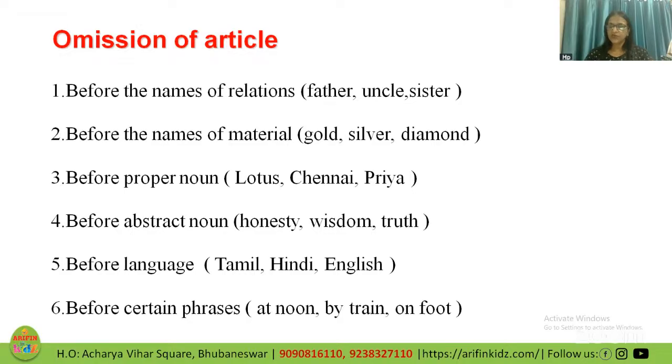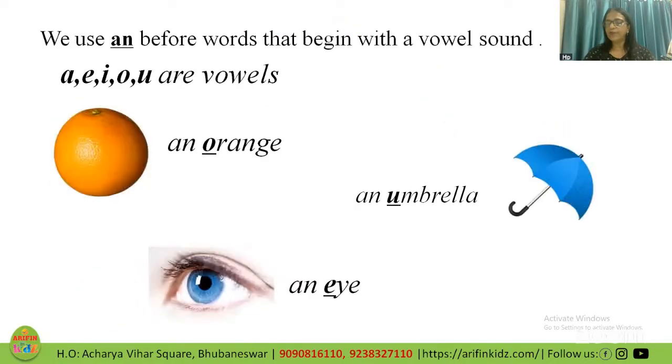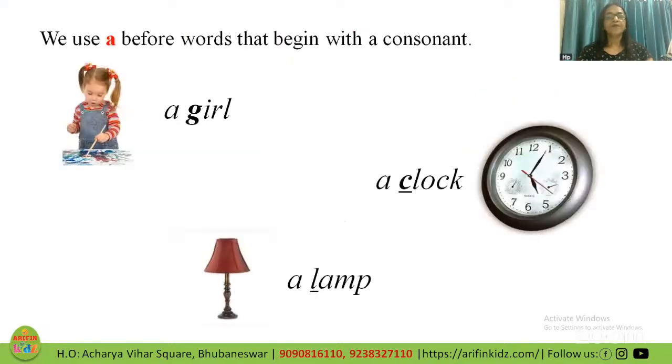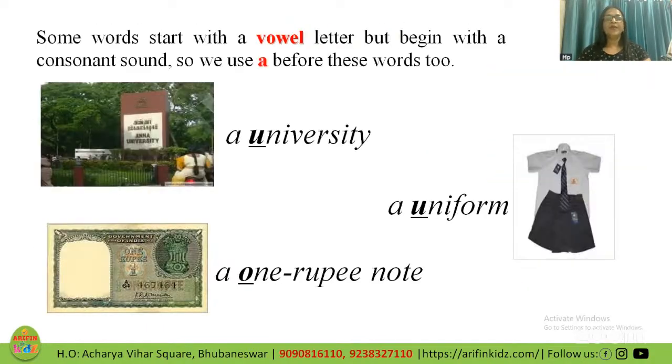So I just want to go back and show you the picture a little bit so that you will remember. You can say a person or thing or place. Again, you can see a university or a uniform, or a 1 rupee note, or a unit, a one-eyed animal.